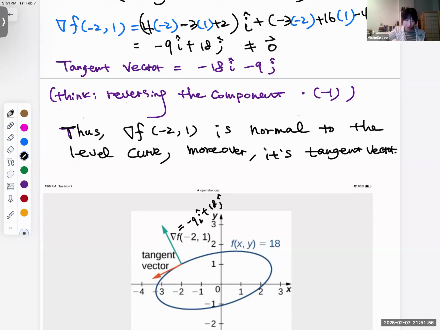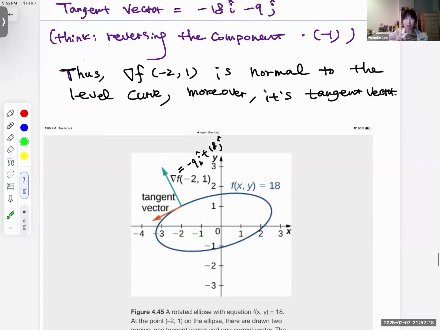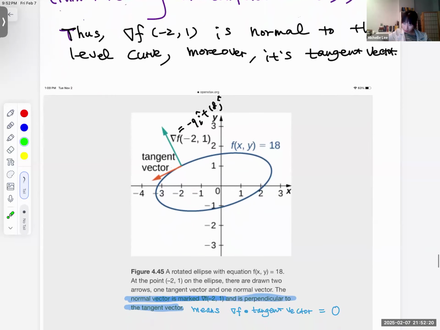So the gradient is normal to the level curve. This is a level curve. Then also the tangent vector is normal to the gradient, right? Okay, so you can see that here.